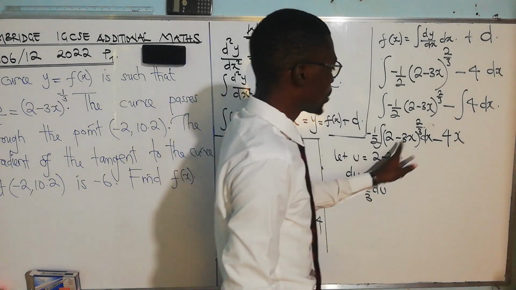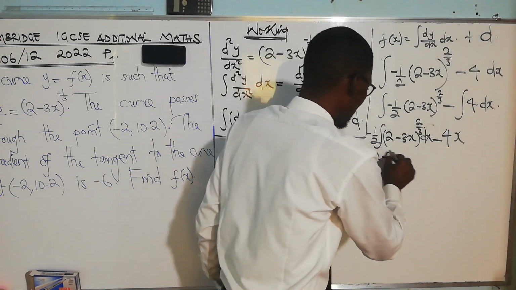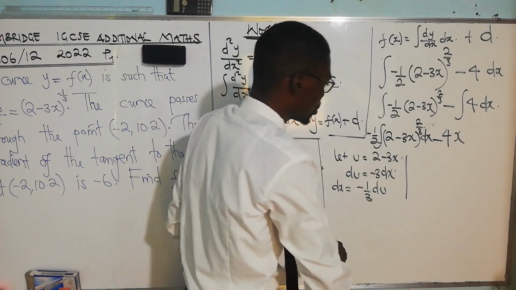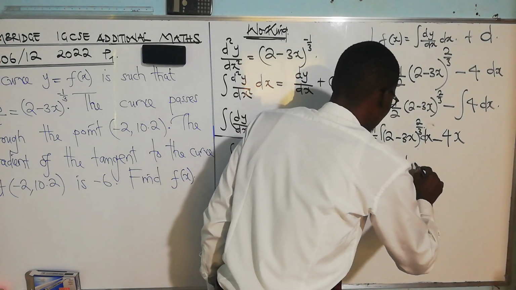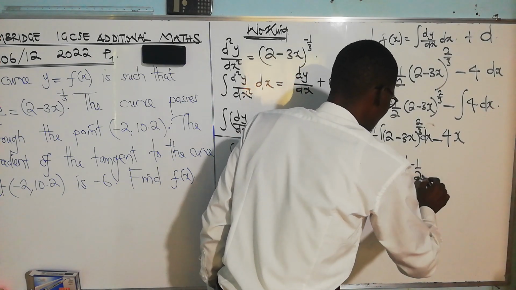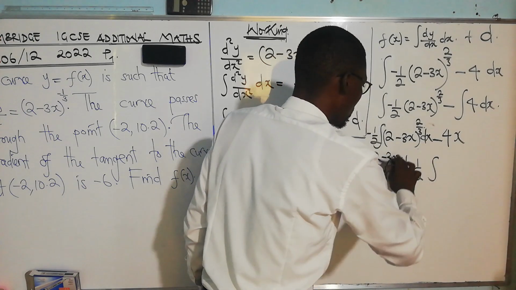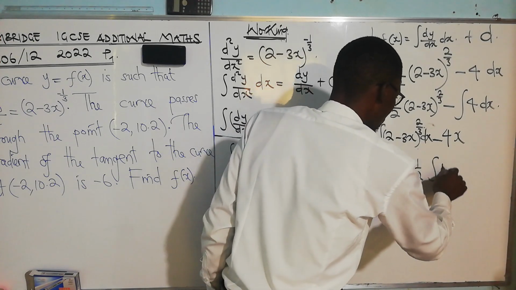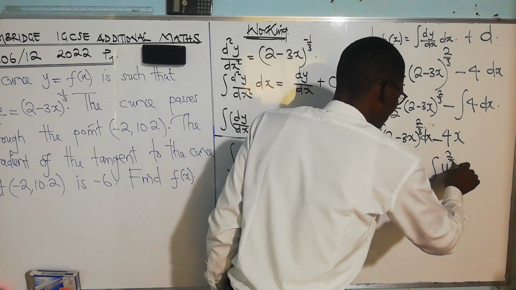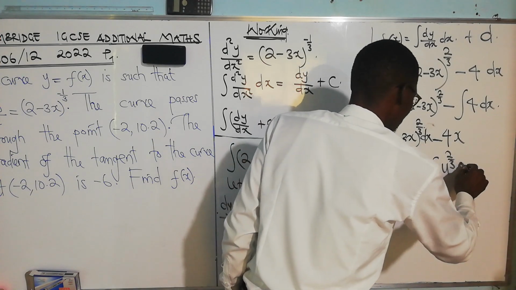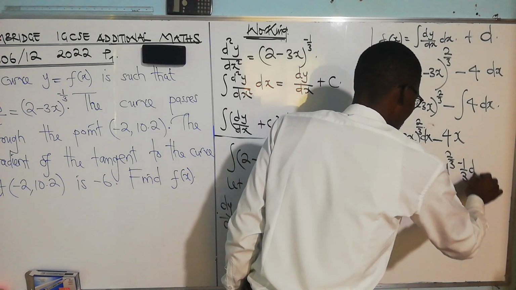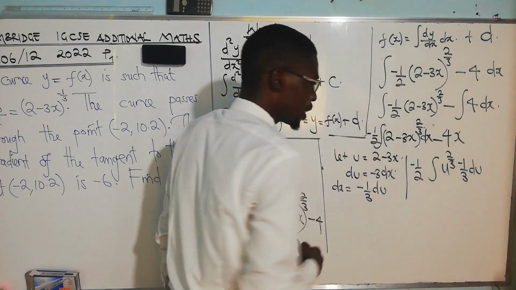So now we can substitute. So this is going to be equal to negative 1/2, the integral of, where there is this, I'll put u to the power 2/3. Then where there is the dx, I'm putting negative 1/3 du. Then I'll split this, bringing it outside.